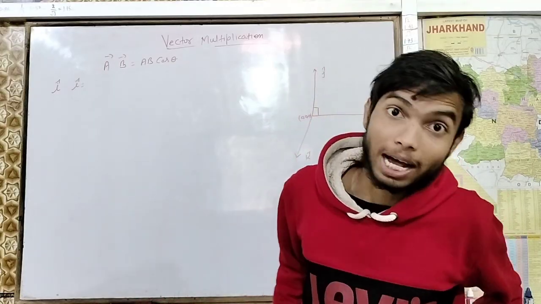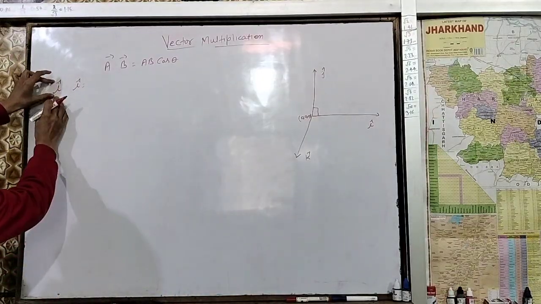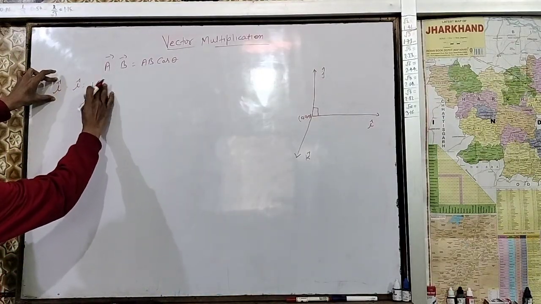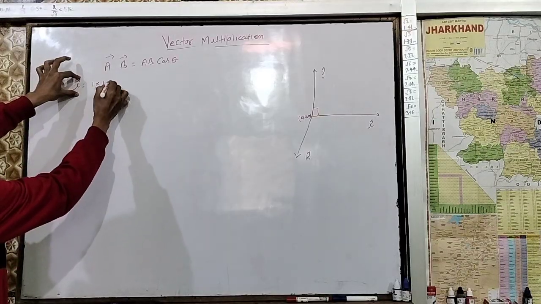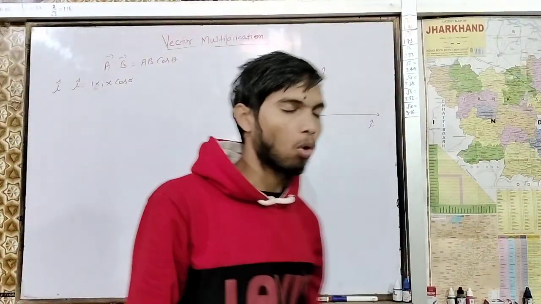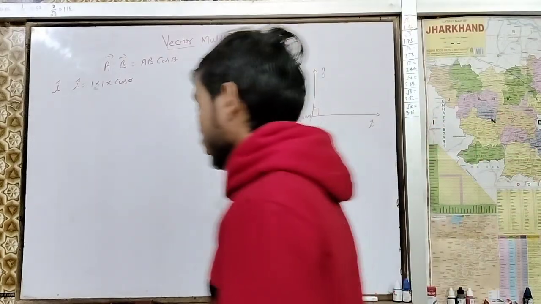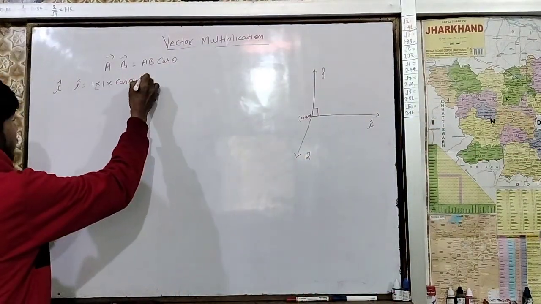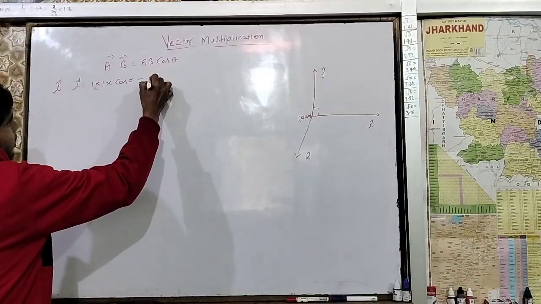So the magnitude of this vector will be 1, the magnitude of this will be 1, and cos 0 degree. In that case, we are going to get 1.